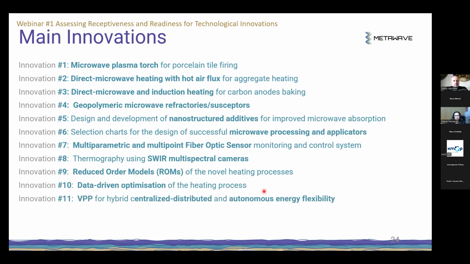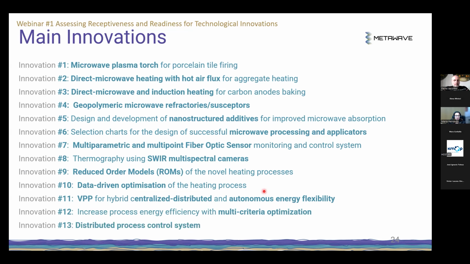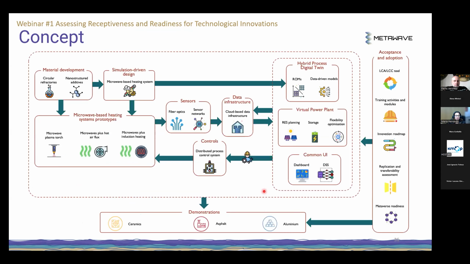We will also develop a virtual power plant for hybrid centralized, distributed and autonomous energy flexibility that will include renewable energies to make the whole sustainability, and increase process energy efficiency with multi-criteria optimization. And finally, a distributed process control system of the prototypes. So this is the main concept of the project.